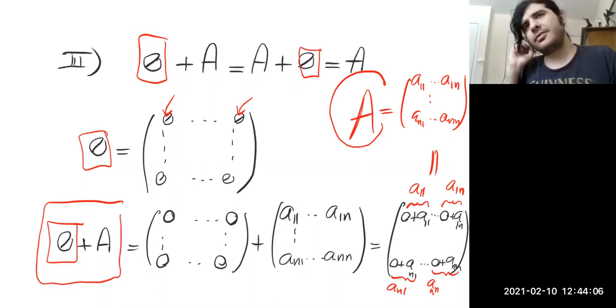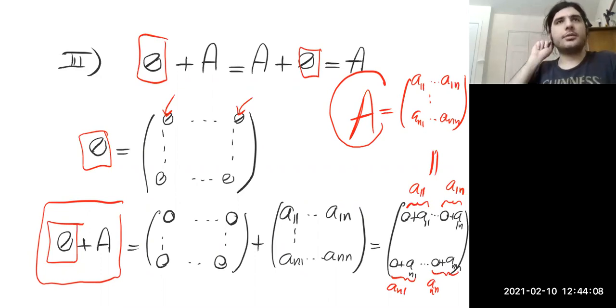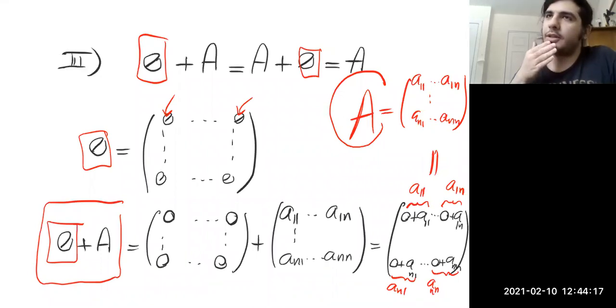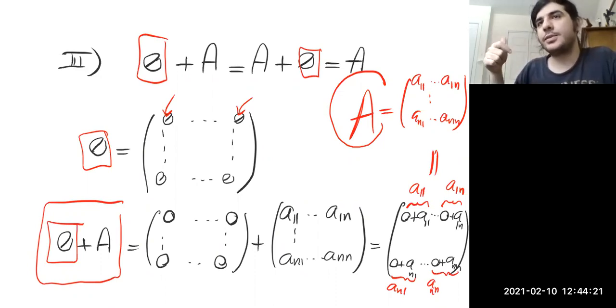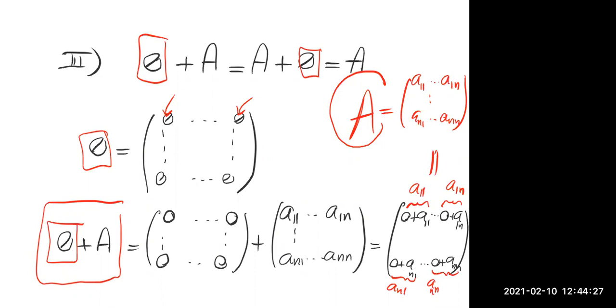I'm not sure what the good notation is for 0 as a matrix. Maybe at some point we can think about a good notation for 0 as a matrix in order not to confuse it with 0 as a number. I don't think there is any standard explicit notation.